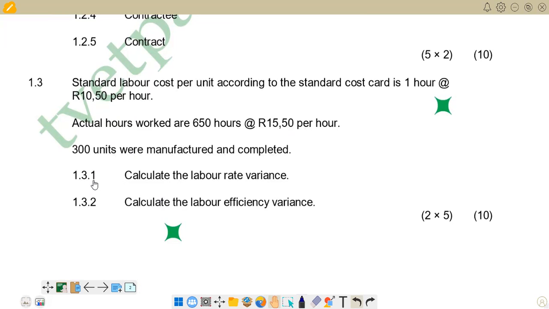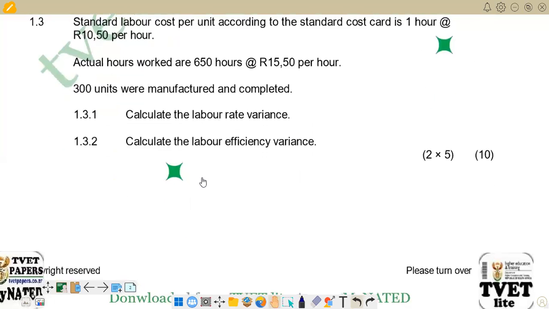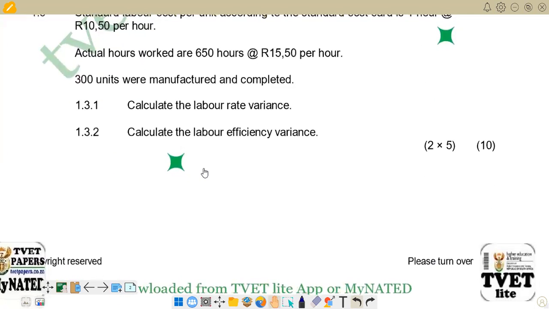Then the first part is saying calculate the labor rate variance. What is important there is first to put the formula for labor rate variance. So here is now 1.3.1.